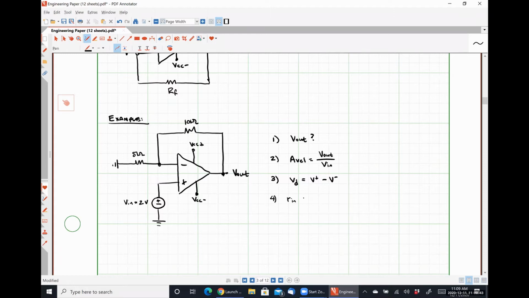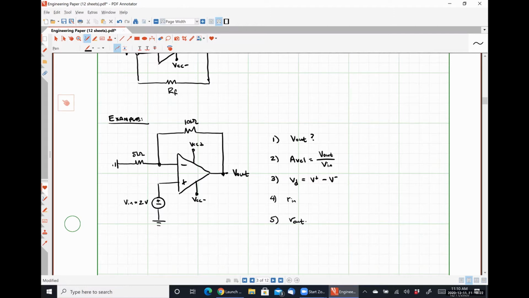And then lastly, lowercase r, I want to find R out, which would be the resistance seen looking into the output terminal of this device. And we'll talk about how we're going to measure those things specifically momentarily. So these are 5 different things that we can look at that we really couldn't have looked at in any of our other amplifier models. And this is going to help us understand what's going on and how to apply our ideal conditions shortly.